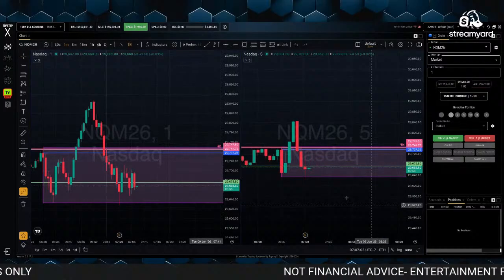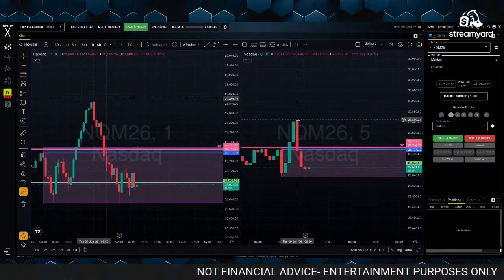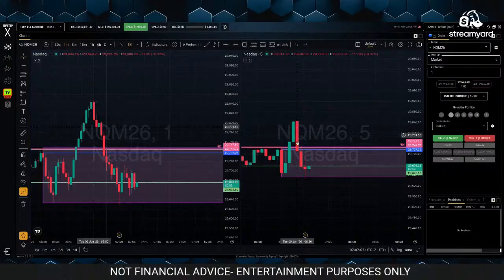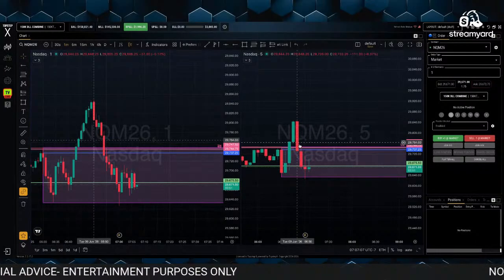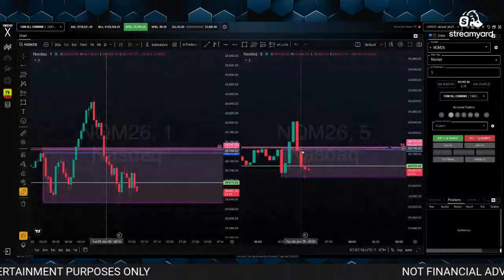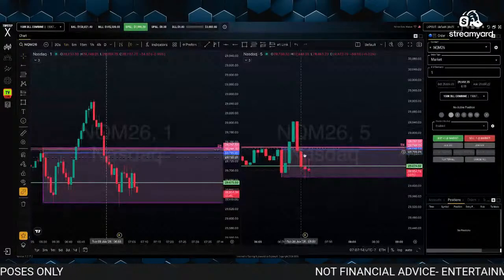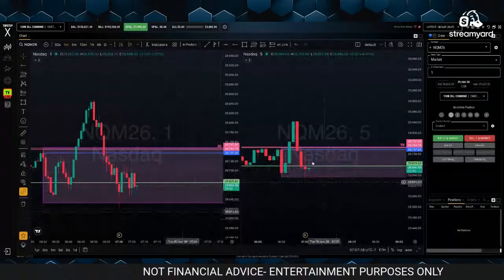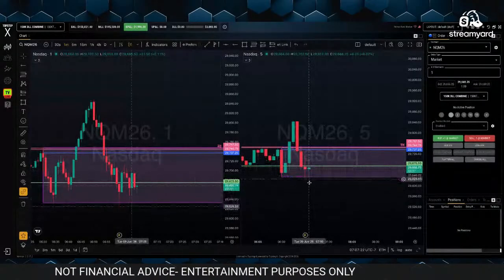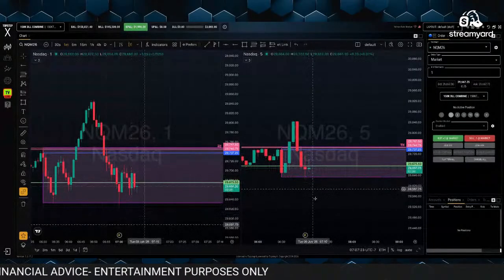But I'm also looking at the 5 minute, it's making lower highs. Meaning this candle is closing lower, this candle's closing lower, this candle's closing lower, and this one is forming. So you want to see if this can come lower, then we're most likely going to go down.